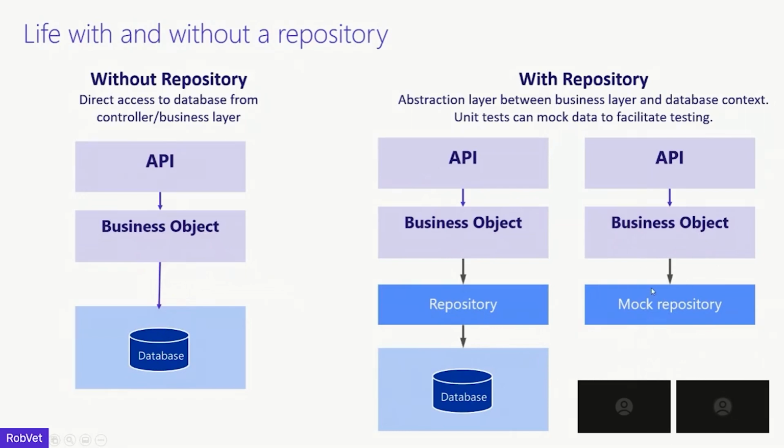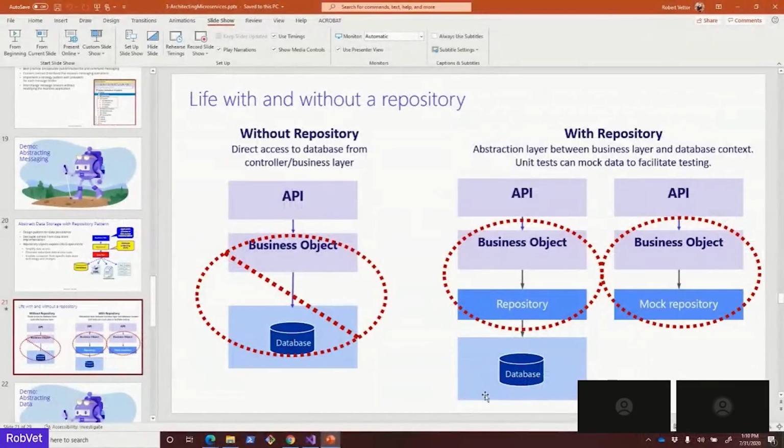So again, the whole idea here is we want to make sure that when we're dealing with these ancillary backing services, databases, message brokers, caches, we're not directly talking to them. We're always talking to some type of abstraction.